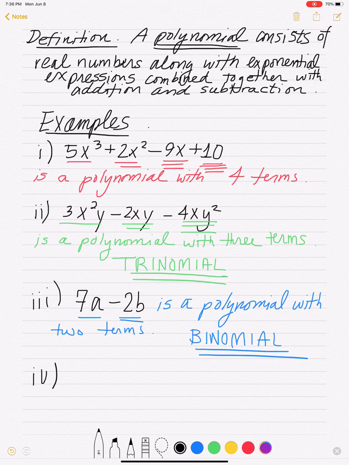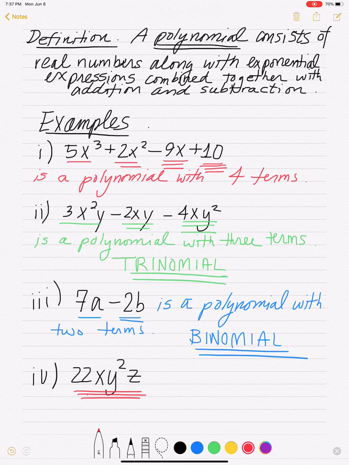Number 4, let's say I just have this exponential expression here, 22xy squared z. So this is actually a polynomial with just one term, right? We just have one term. There are 4 different components to this term: there's 22, there's x, there's the y component, which is y squared, and then there's the z component. So it's a 4-component single term.